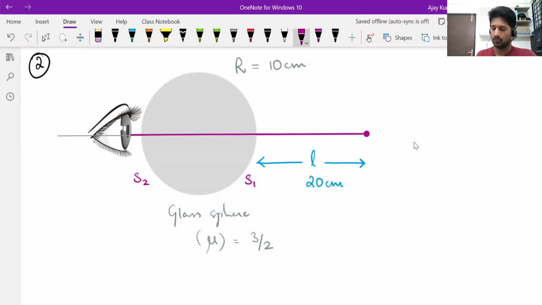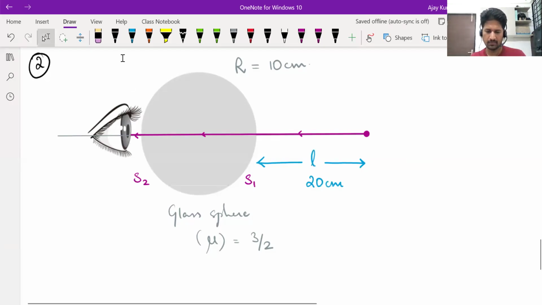You need to trace one more ray to locate the final image. Okay, so there are 2 refractions that are going to happen. No? Let's roughly figure out what happens at the first refraction. For that, I'll take help of another diagram.